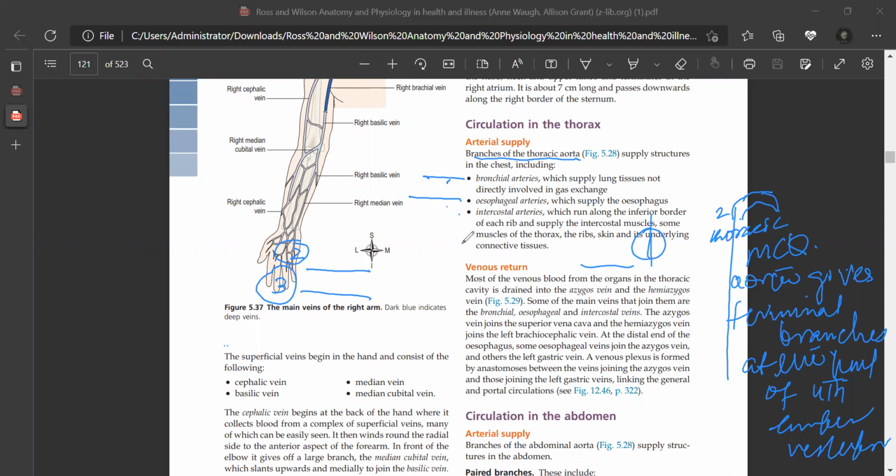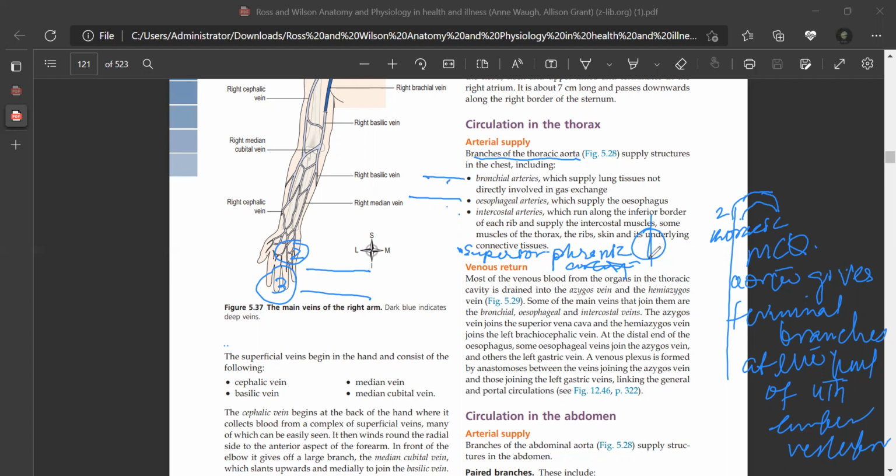And last are the superior phrenic arteries, which supply the diaphragm.